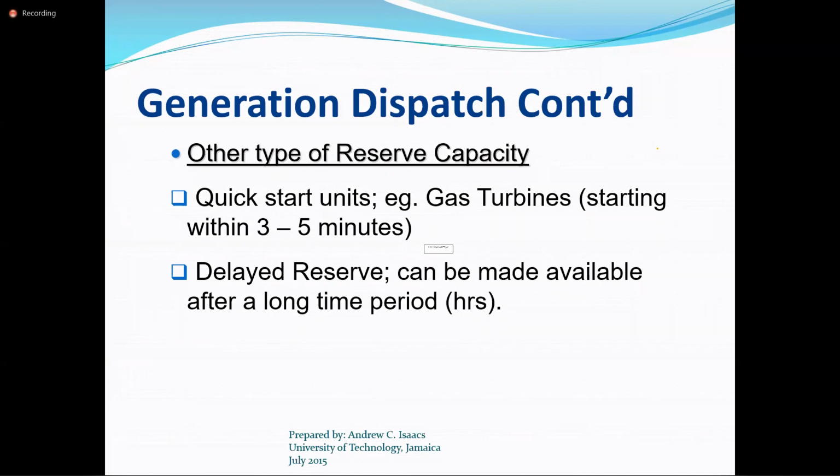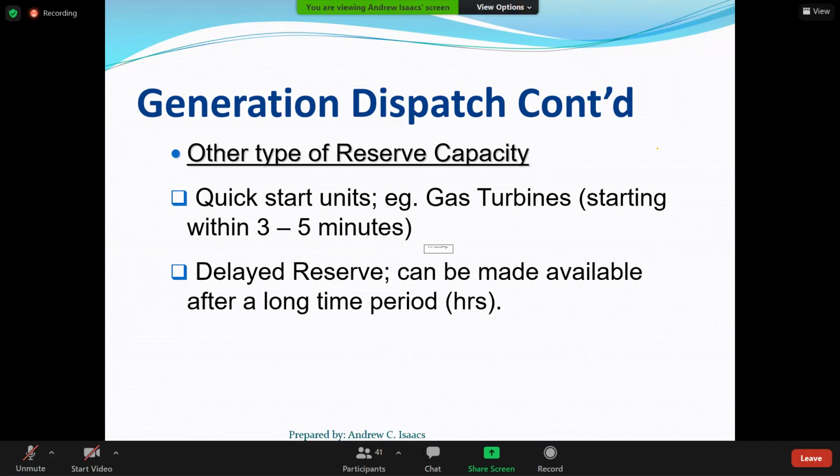The overload will not come primarily as a result of a customer coming online. Let's get that clear, all right? The overload is going to come primarily based on you losing generation. Because if you have a very large customer who needs to come online, as I mentioned before, there would be communication between them and the utility. So you're not going to get the overload resulting from somebody coming online.